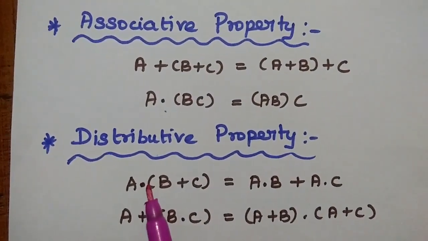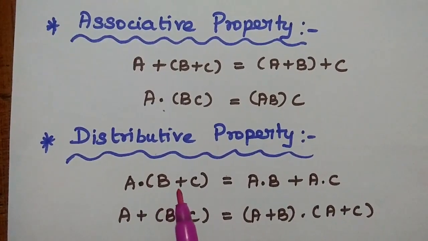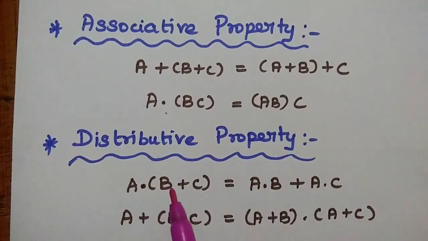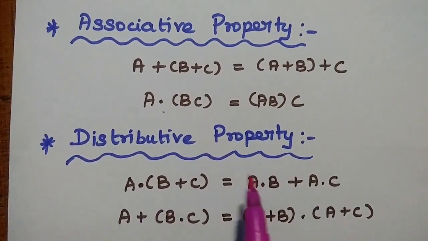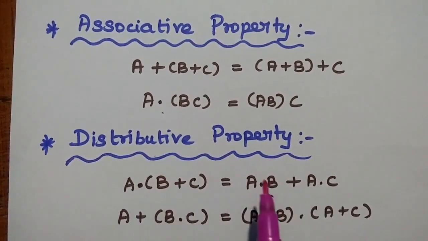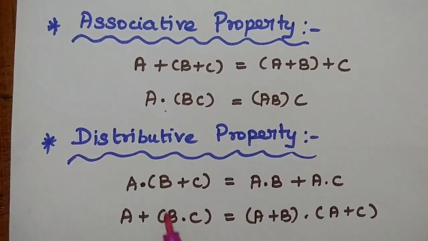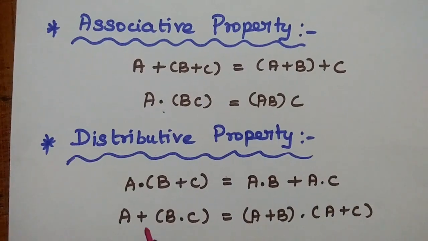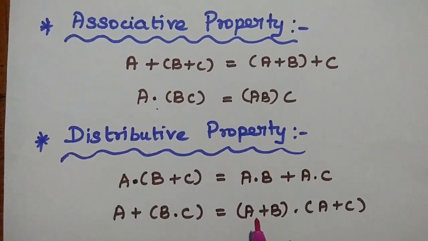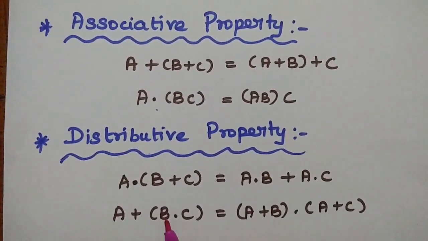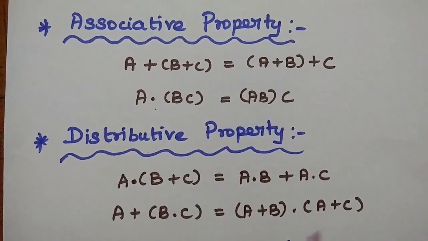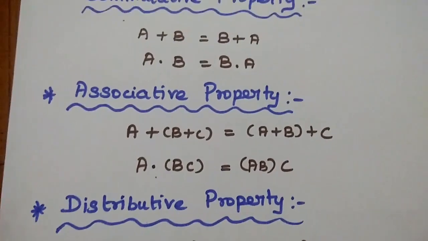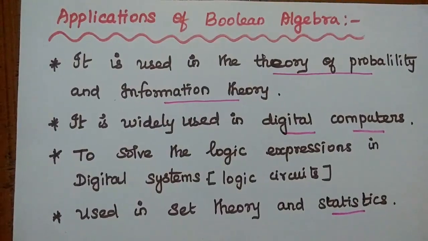Here, we can have product along with addition. So, A dot B plus C is equal to A dot B plus A dot C. The same in the reverse order, A plus B dot C can be written as A plus B dot A plus C. These are the properties of Boolean algebra.